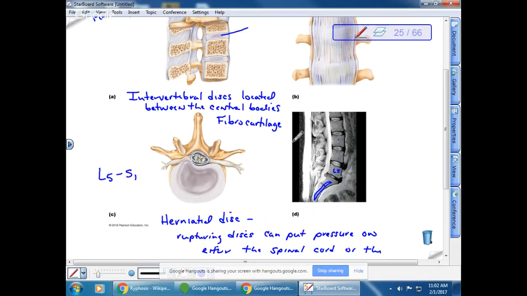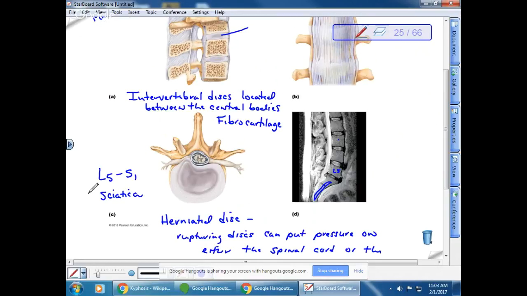And here, in this particular picture of an MRI, you can't see the spinous process, but you can see the spinal nerves that are running down the length here, right? And then this would be the herniation. So this particular herniation often leads to what is called sciatica, right?